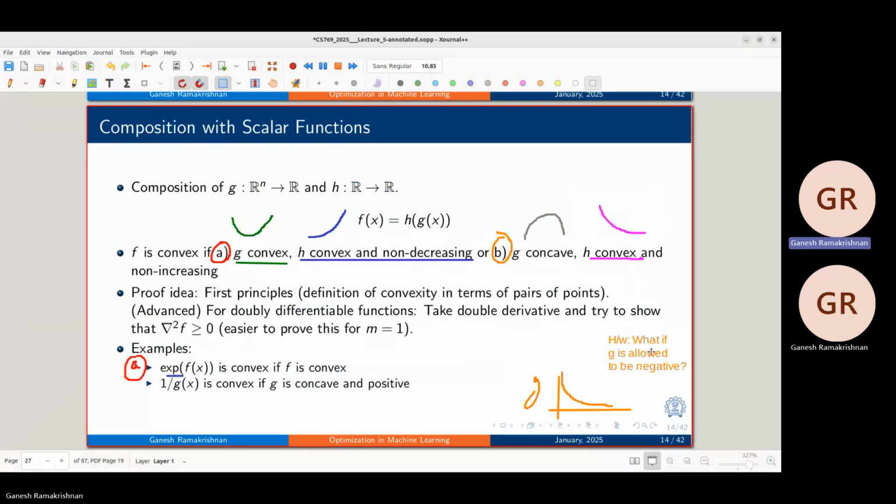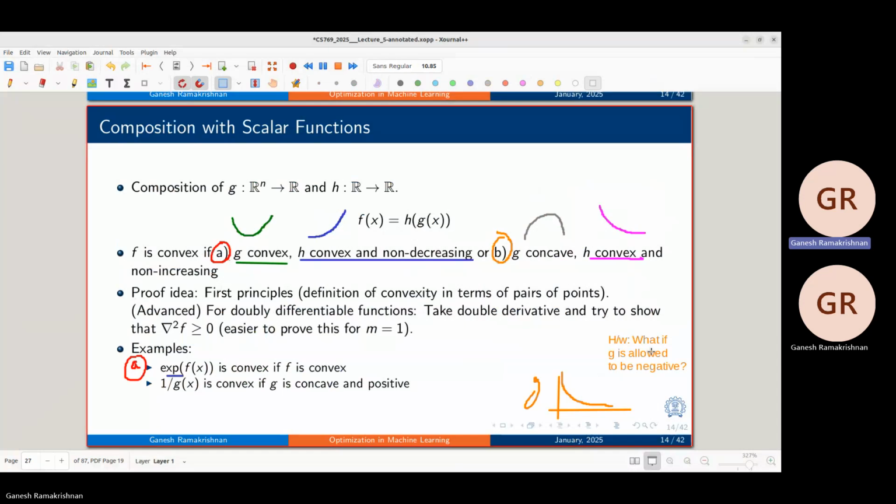On the other hand, 1 by g of x, how does that fit into our scheme? The inner argument, g, is concave, right?